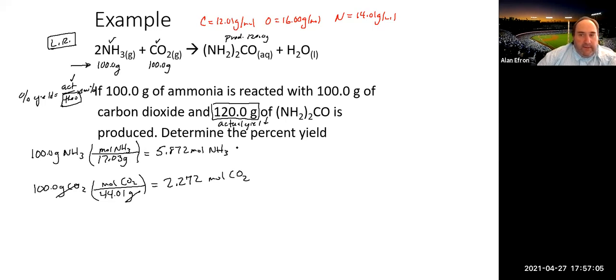Okay, so I'm going to now do my ICE table approach here to help me answer this question. So really when you do it, you want to start with the equation. So I'm just going to rewrite the equation here. And remember, initially we're going to take those moles that we just calculated.